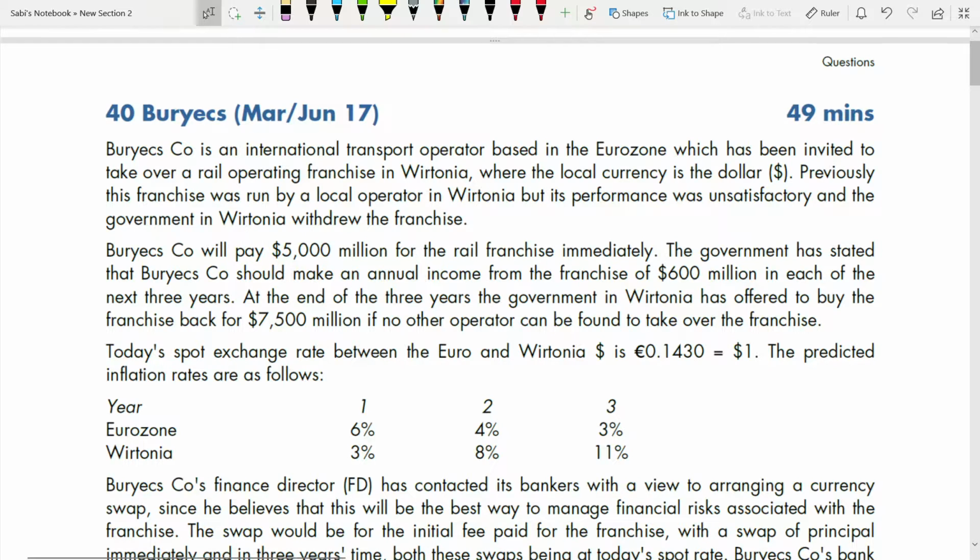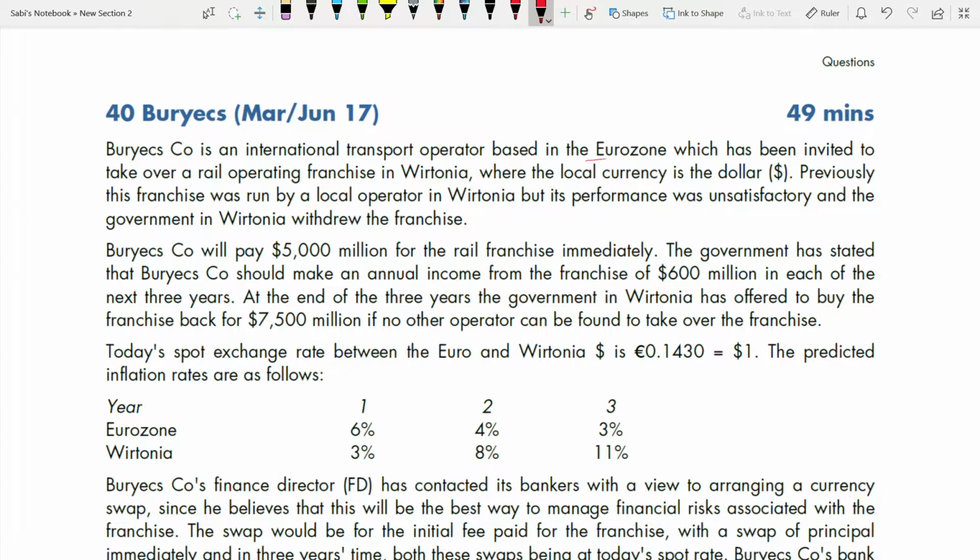So Buryecs company is an international transport operator based in Eurozone. Where is it based? It is based in Eurozone. It's very important that you underline where it is based, because where a company is based, on that your currency is determined. It has been invited to take over a rail operating franchise in Vertonia. So Vertonia is another country, right?